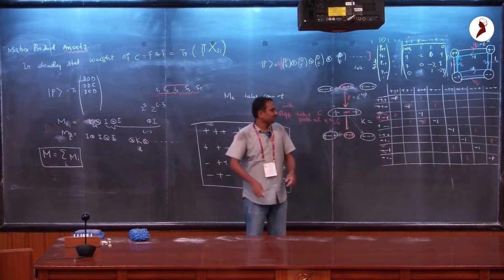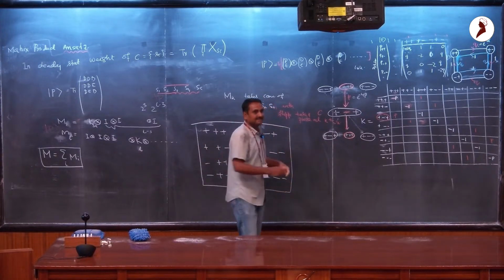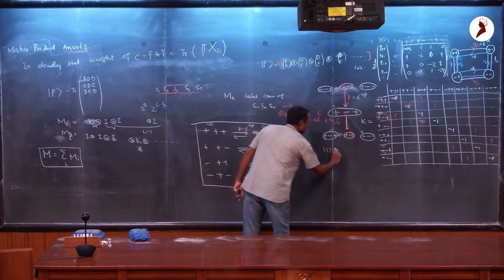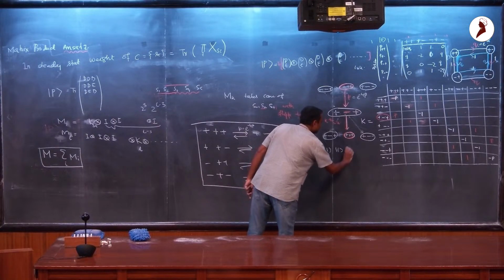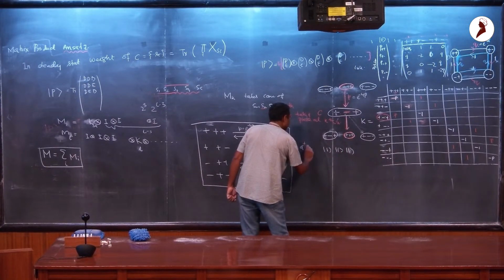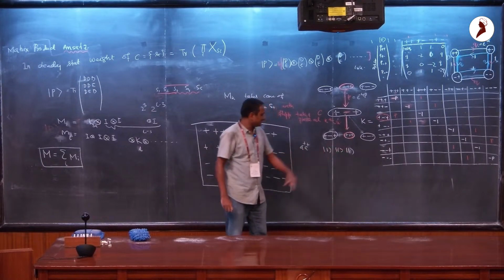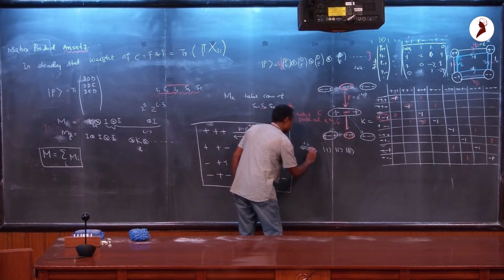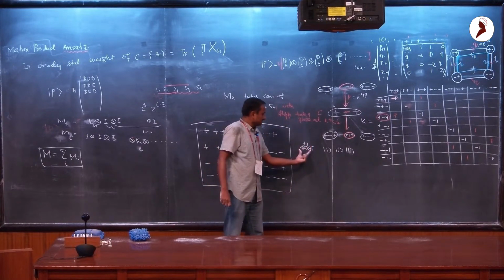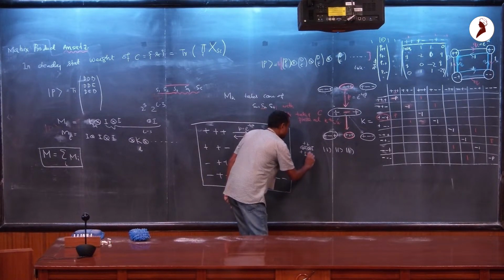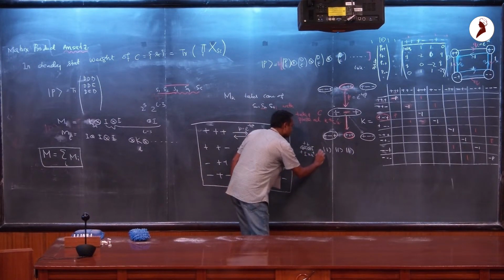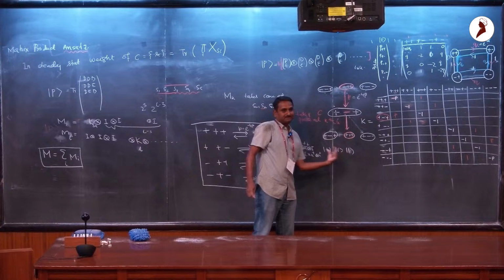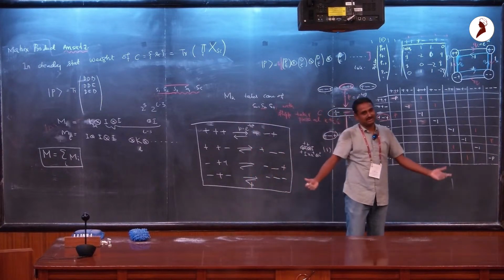I think you have already discussed this: when you have a state like 1, 1, 1 and you want to operate A dagger on it, this actually means A dagger cross I, plus you can have I cross A dagger, which means it will first operate on this, keeping this intact, then operate on these two, keeping this intact, and then you sum up. That's all I'm doing.